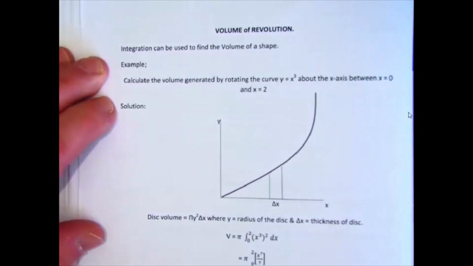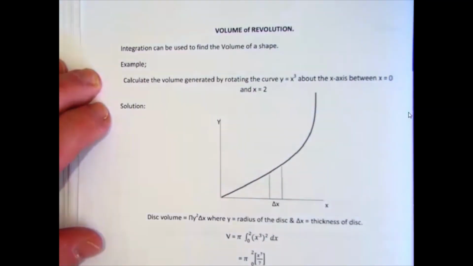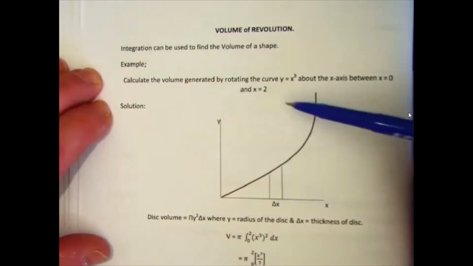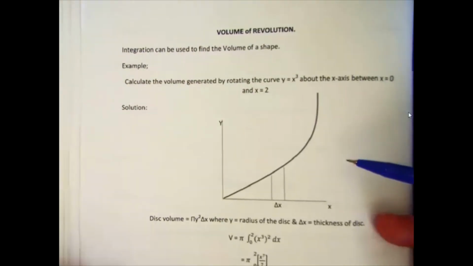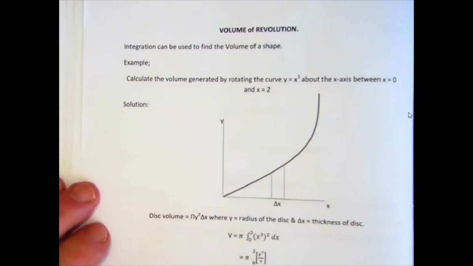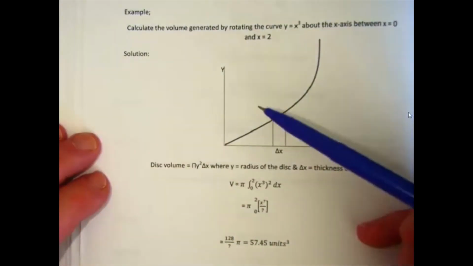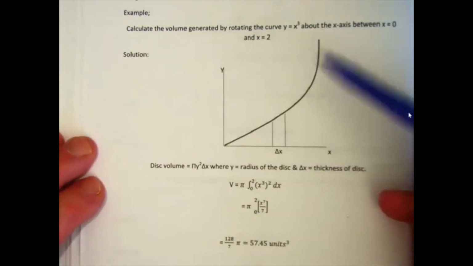Integration can be used to find the volume of a shape. So here's a simple example: calculate the volume generated when you rotate the curve y equals x cubed about the x-axis, between x equals 0 and x equals 2. The solution is to draw a bit of a sketch to show the situation.